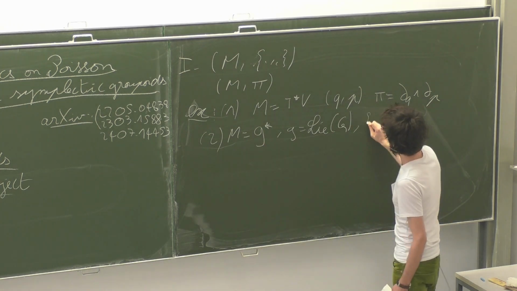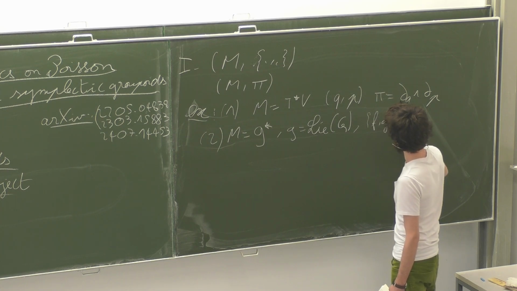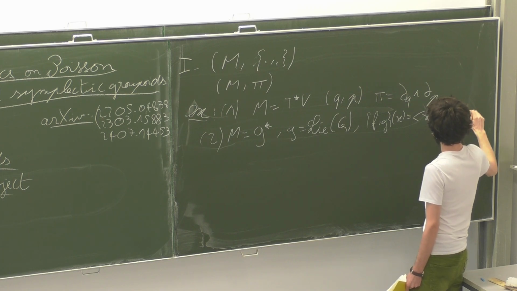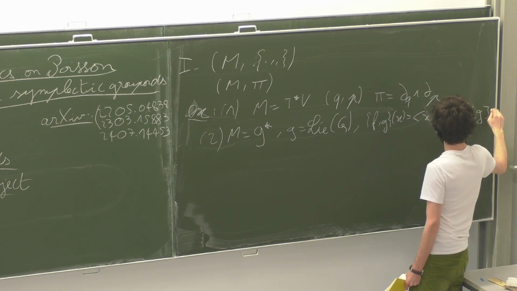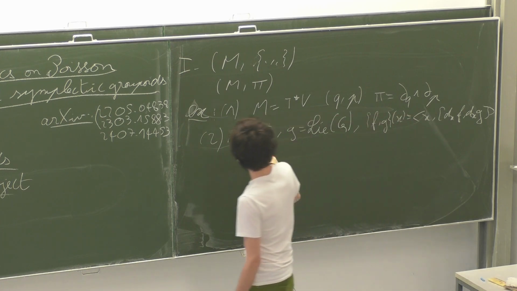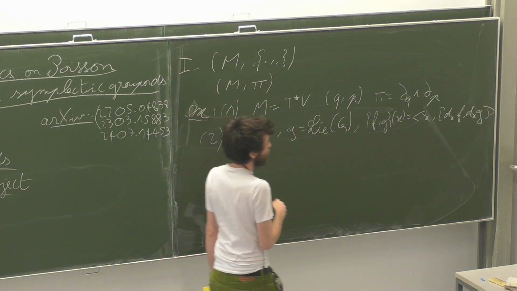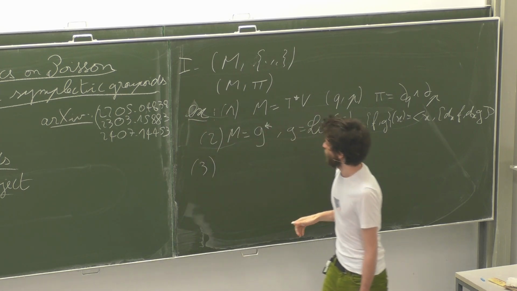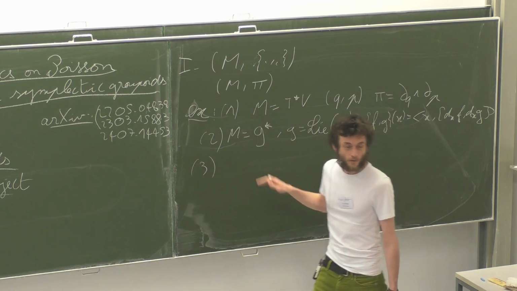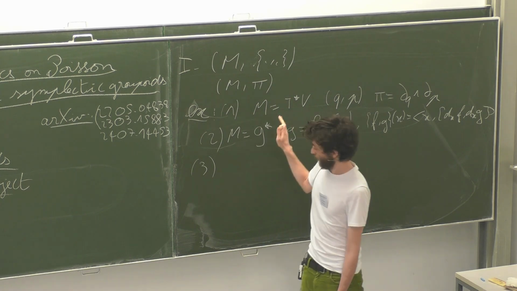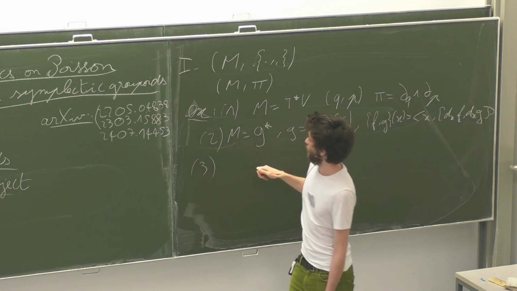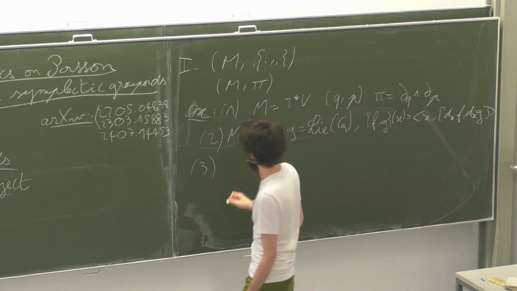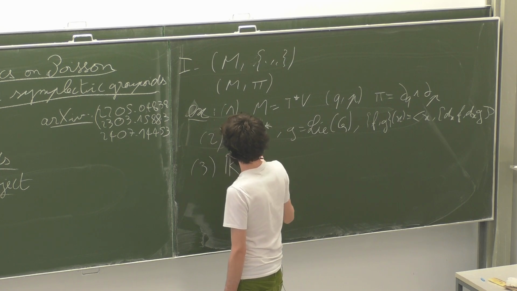By doing so, identifying g* with g. The third example is quadratic, so I will make that precise in a moment. So this is somehow an example of degree 0. This is a linear example, and now I have a quadratic example.